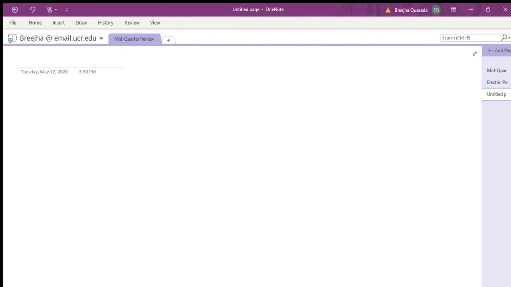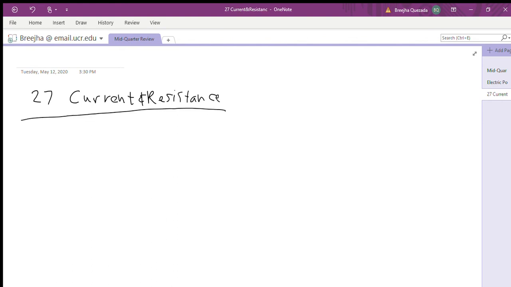The last chapter was chapter 27, and that was current and resistance. This carried even more into circuit components and seeing how different circuit components interacted with each other.